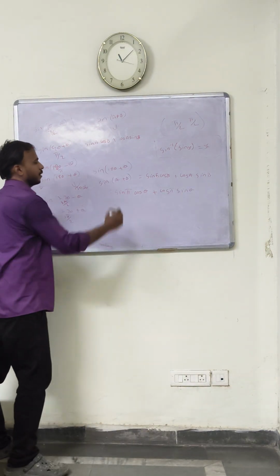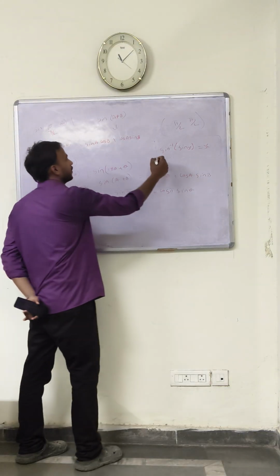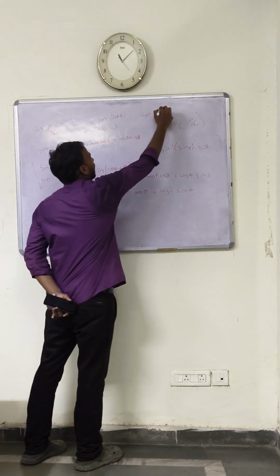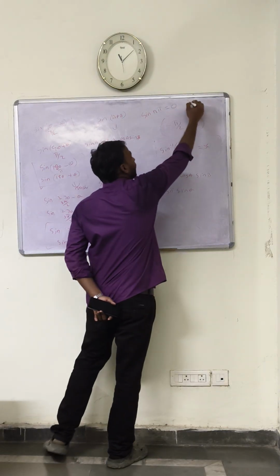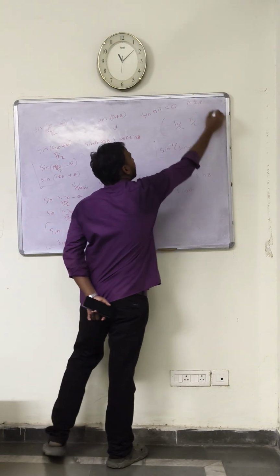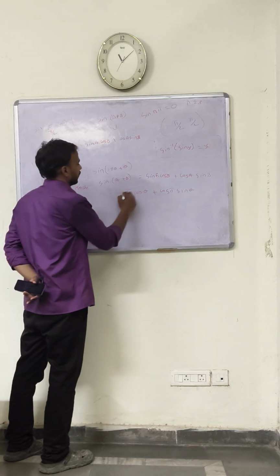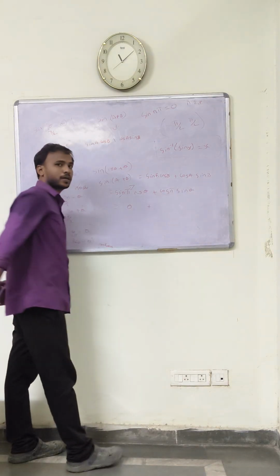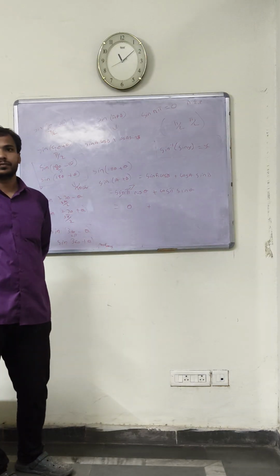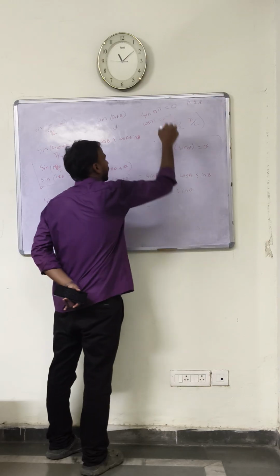Now you tell, what about sin pi? I already told, sin n pi equals 0, n any integer, right? So here this becomes 0, then automatically 0. Cos pi, what about cos pi? Cos pi is minus 1.